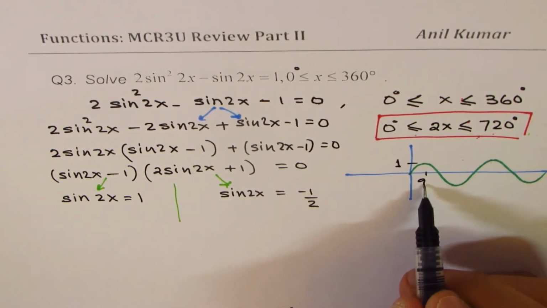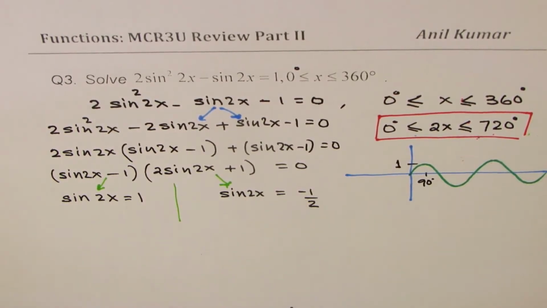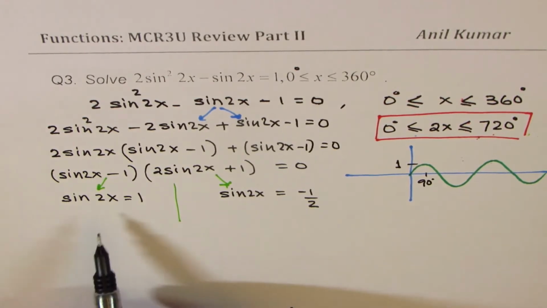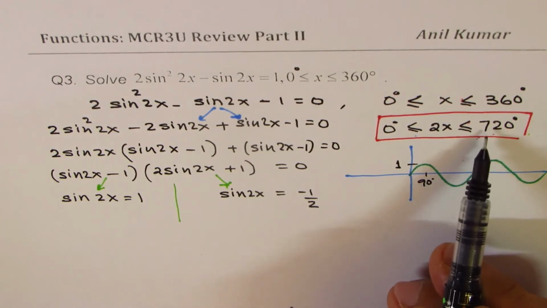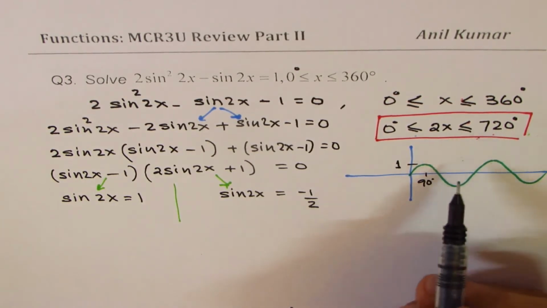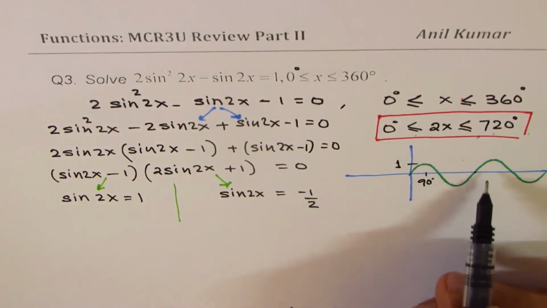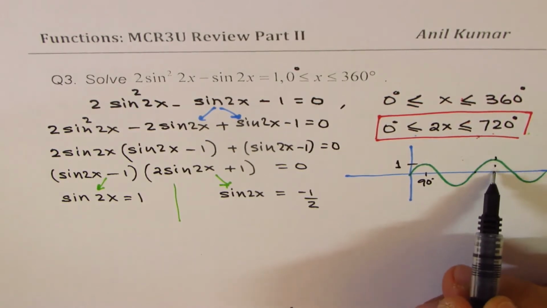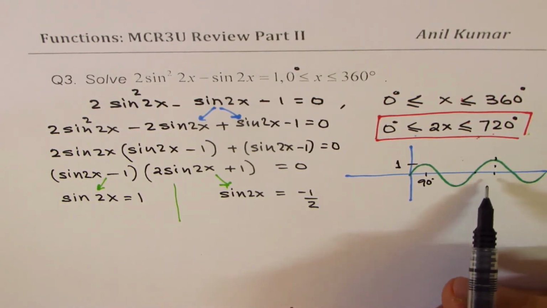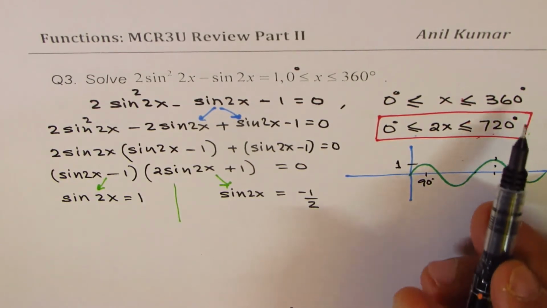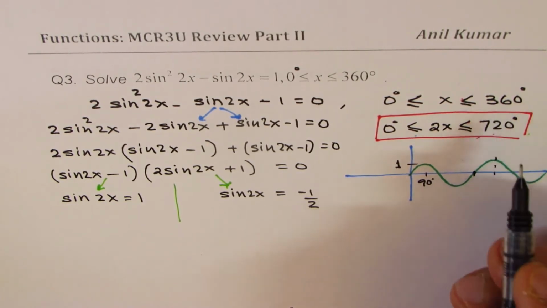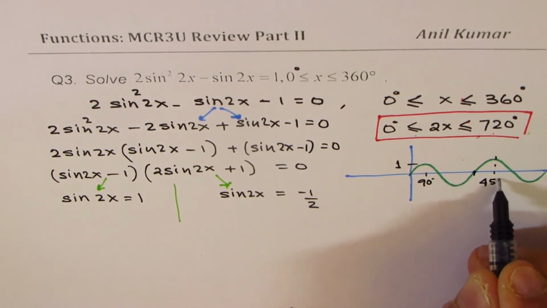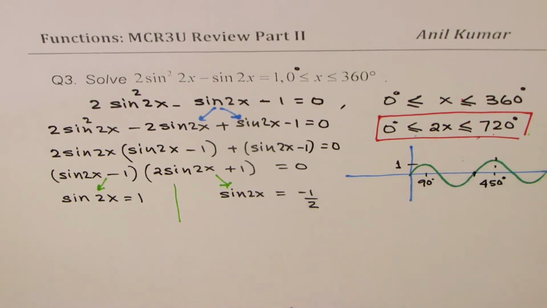So that means if you are working in the domain of 360, you get 90 degrees. But if you're working in the domain of 720 degrees, you get another solution, which is 90 plus 360, correct? So that is 360 plus 90. If you add 90 to this, you get 450, correct? So those are the two solutions.